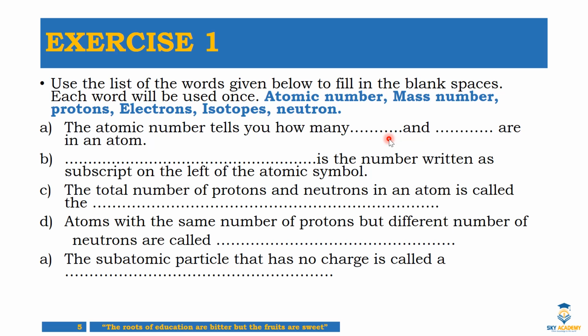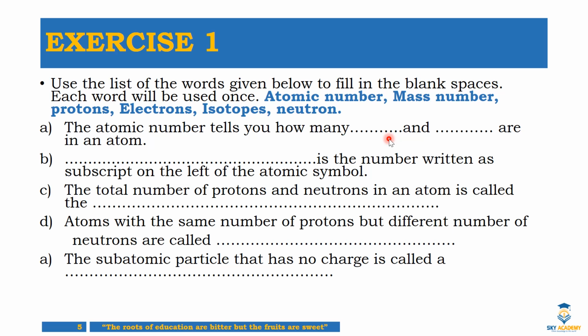And in an atom also, protons and electrons have the same number in a neutral atom. I repeat once again. In a neutral atom, protons and electrons have the same number.